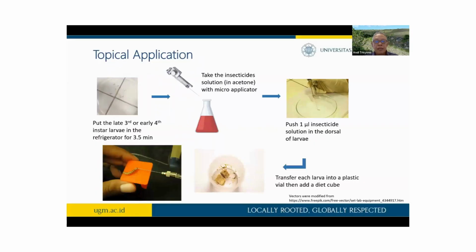So again, this is the topical application. To the best of my knowledge, this is the only common and practical bioassay that will allow us to calculate or estimate the LD50. One thing that we have to remember is, one, we have to know exactly how much insecticide is actually in the insect body.